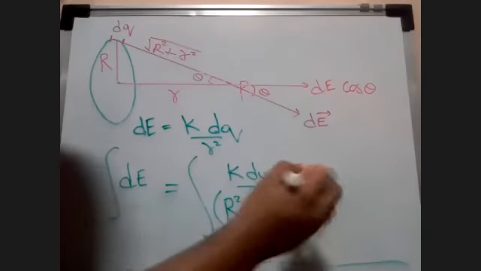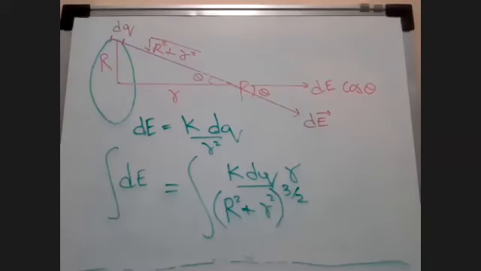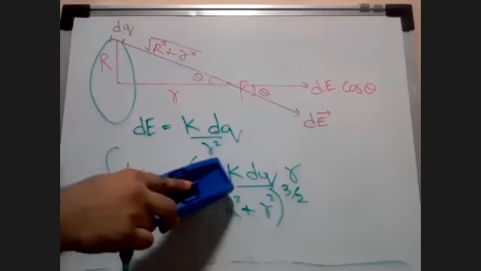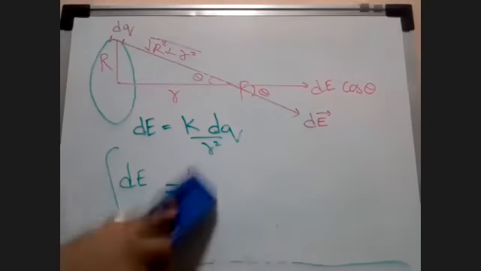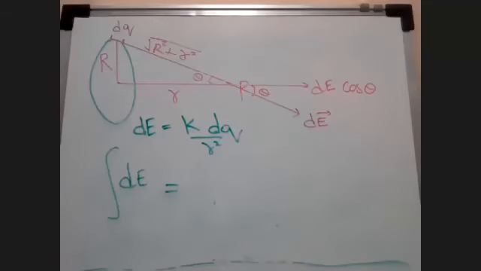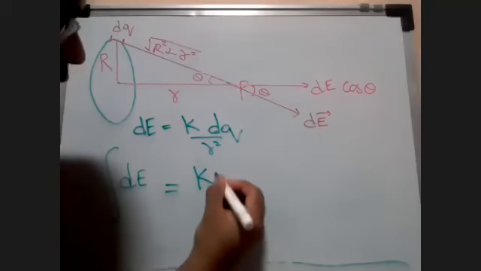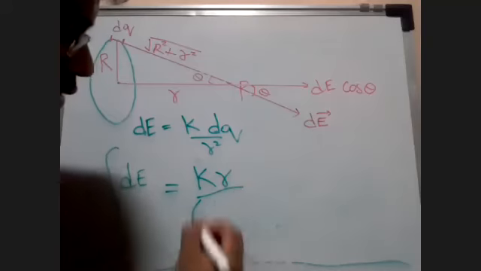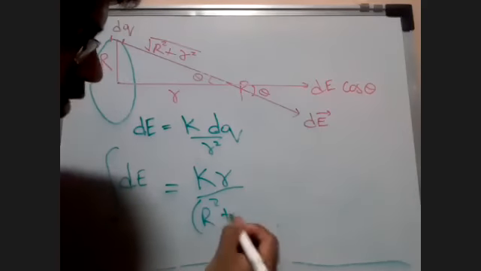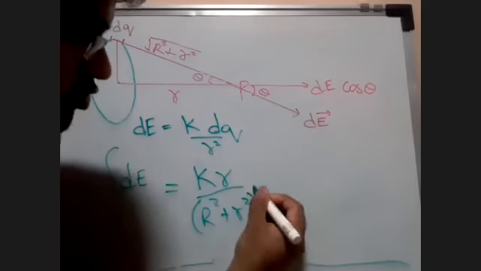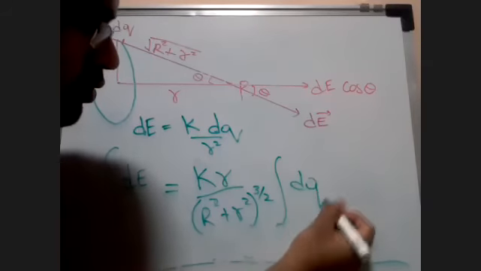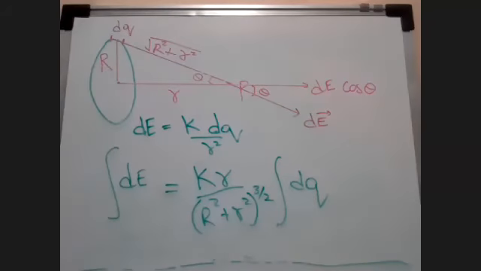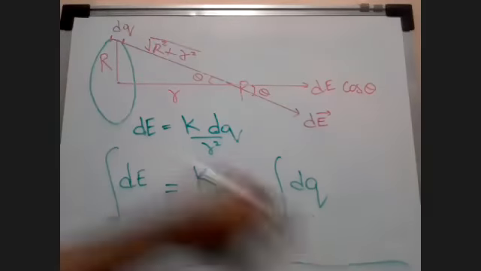So what you get is k r upon R square plus r square raised to 3 by 2, times the integration of dq.